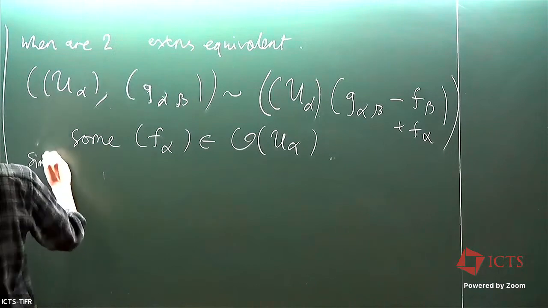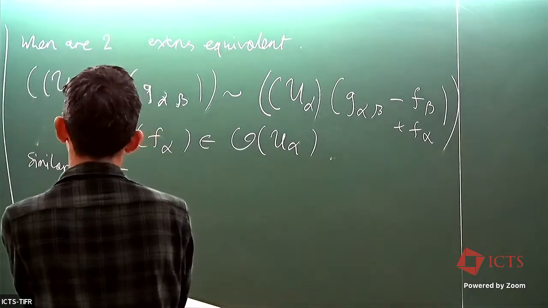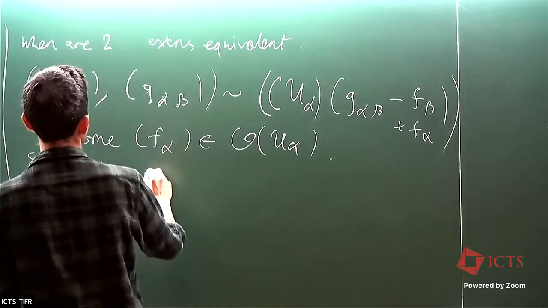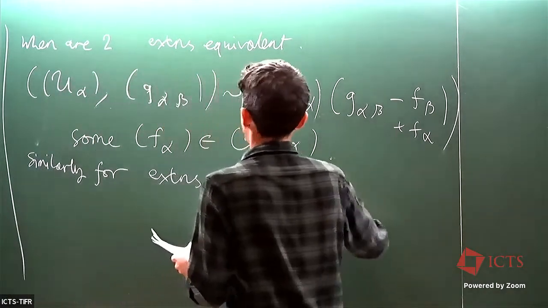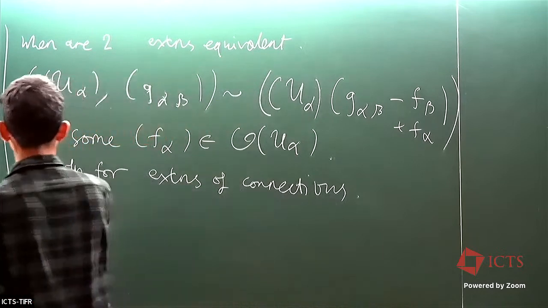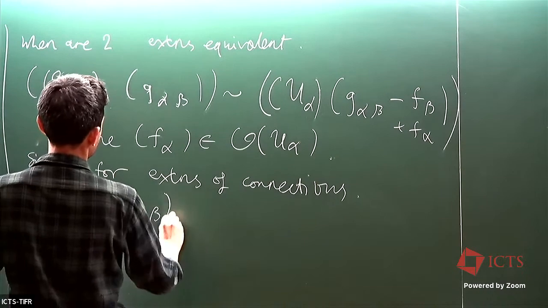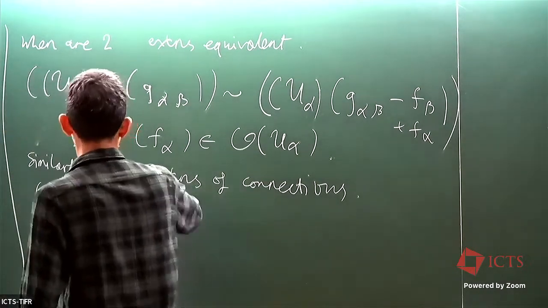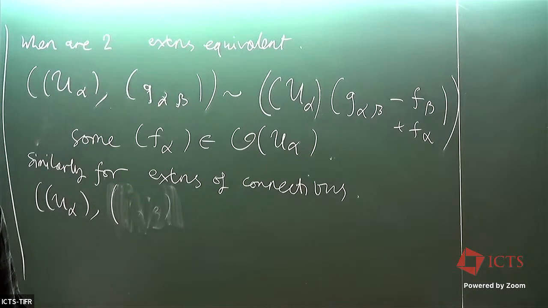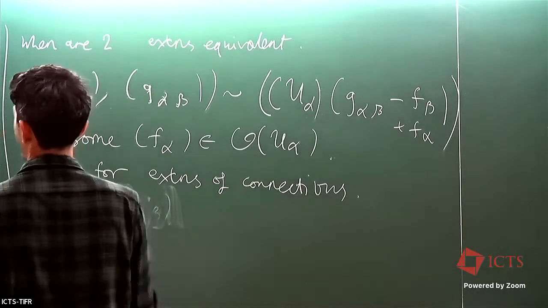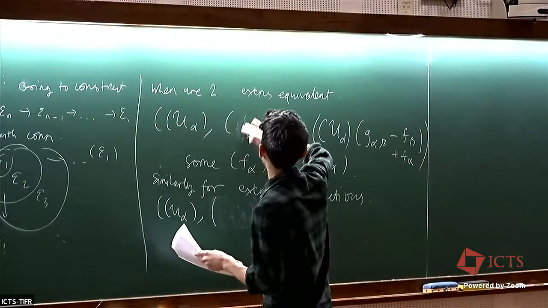Similarly, for extensions of connections, we have U alpha, G alpha, sorry. So sorry, this was not my G alpha beta, but rather this was my collection of H alpha betas.